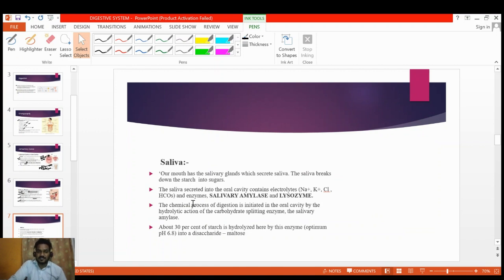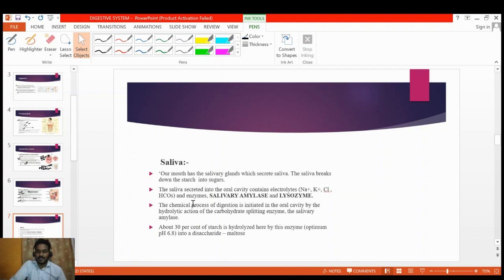Salivary amylase is very important for digesting starch, the carbohydrate, about 30%, and it changes it into maltose. Next to this, lysozyme is very important because it is a hydrolytic enzyme responsible for preventing bacterial growth.